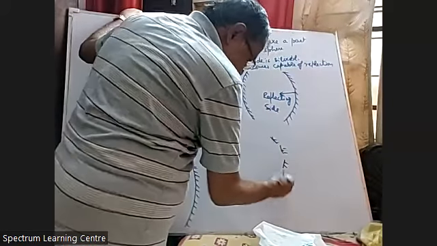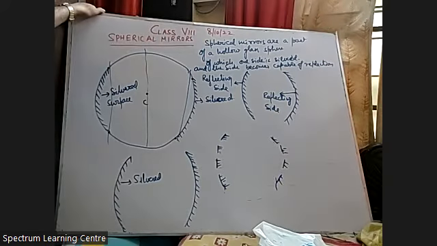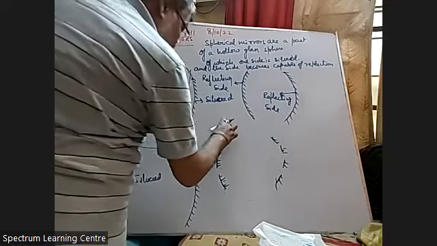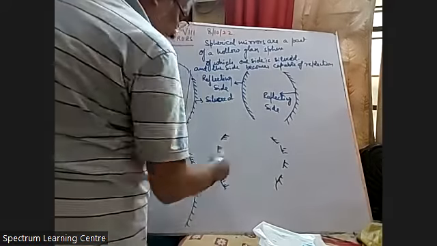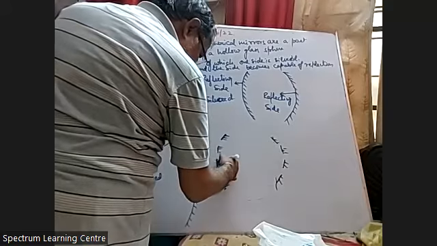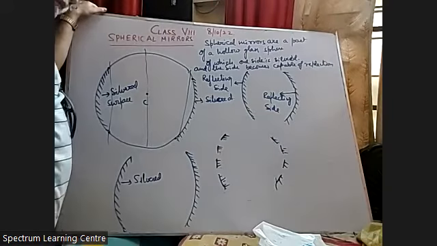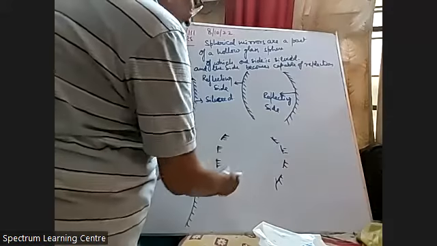Yes, sir. Sir, can you repeat once the line? I said if I cut into small pieces, the sphere becomes a combination of plane lines or not. Yes, sir. Therefore, we can say what?